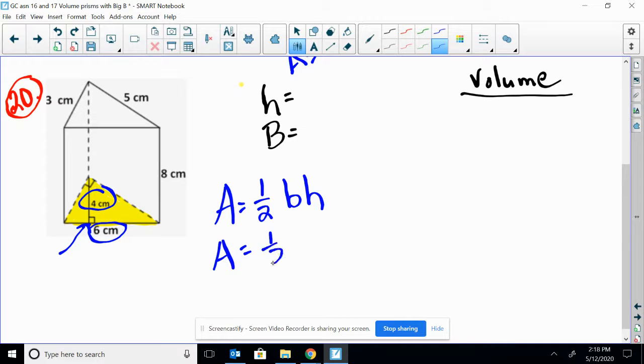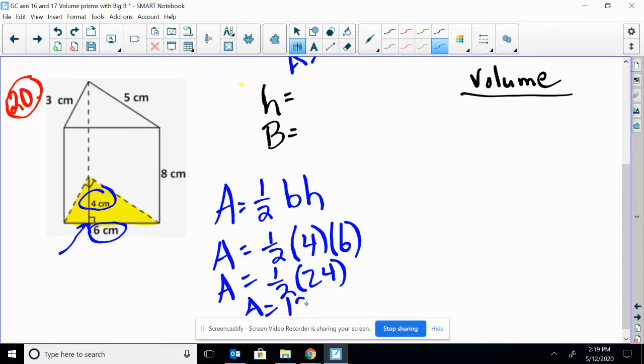So 1/2 times 4 times 6. So I have 1/2, 4 times 6 is 24. Half of 24 is 12. So we know our big B, the area of our base of this triangular prism, is 12 square centimeters.